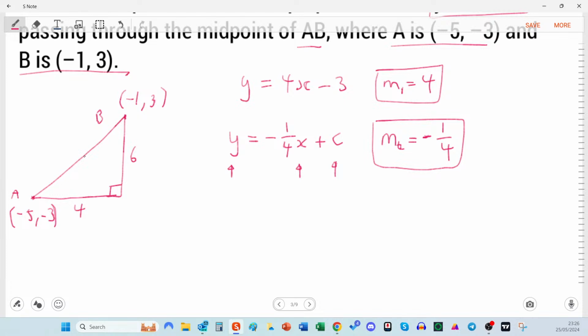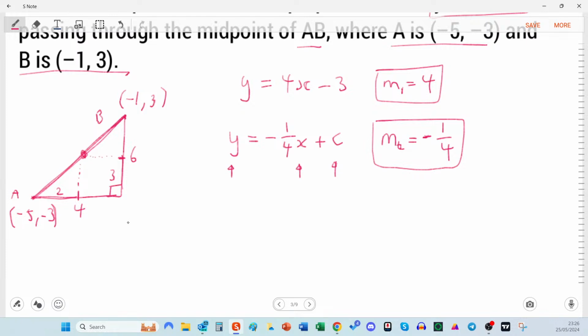To go halfway up this triangle, instead of all the way up this diagonal here, you only need to go halfway up this one side and halfway up this side. So instead of going across 4, we're going to go across 2. Instead of going up 6, we're going to go up 3. And that's where we're going to find our midpoint.